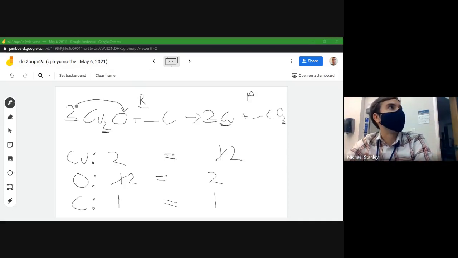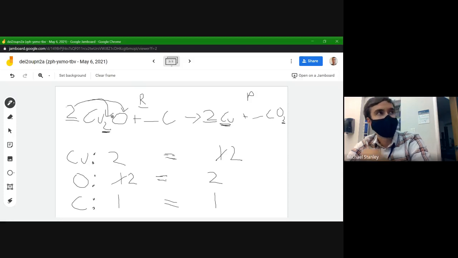Remember, this 2 goes with this oxygen, but it also goes with the copper right here. So we do have 2 oxygens, which is good, but we no longer have 2 coppers.